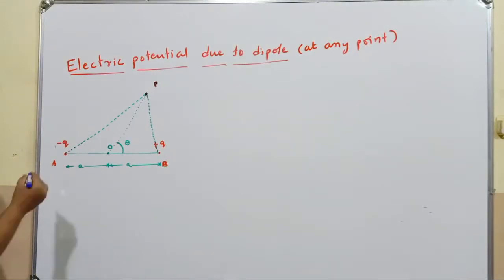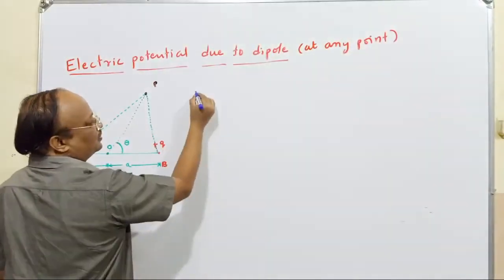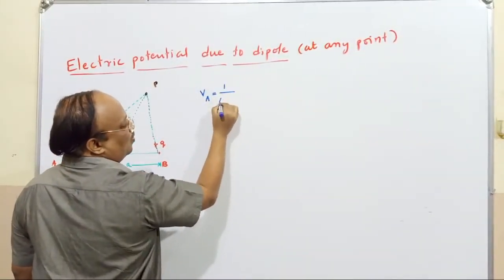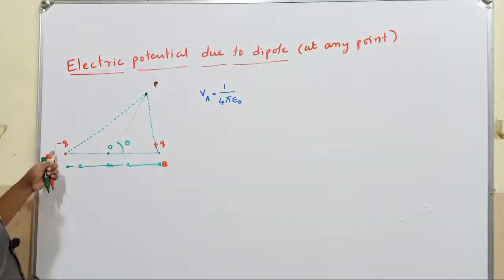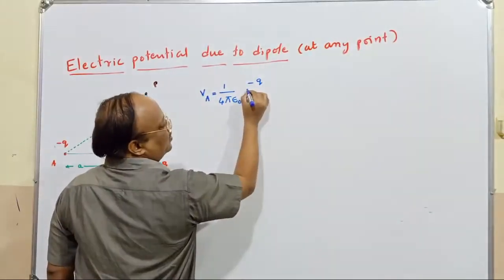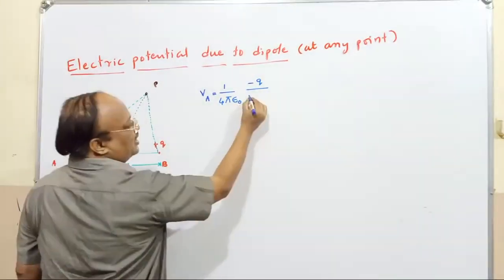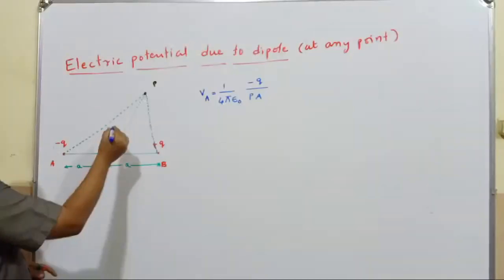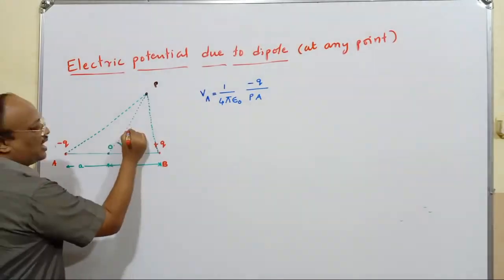So what is the electric potential due to this negative charge? It is V_A equal to 1 by 4 pi epsilon naught, charge is minus q. What is the separation? I will write it as PA, because we know this length is r.